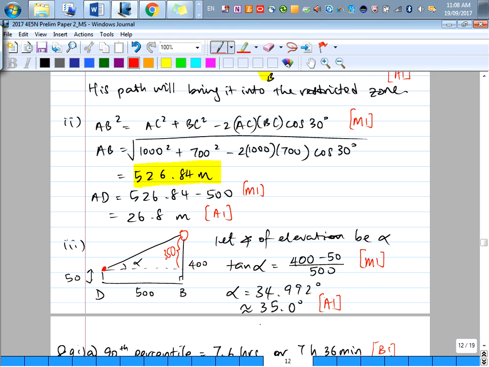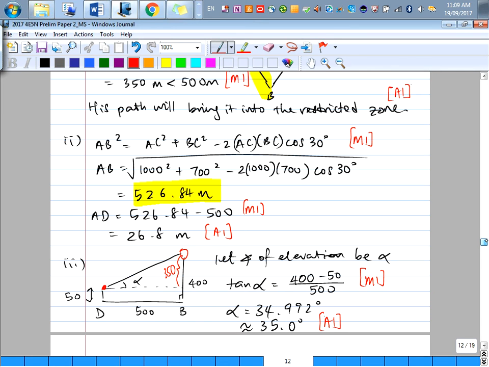Then get alpha, the angle of elevation, as 35.0 degrees, 1 dp. Okay? See and done. Okay, moving on.